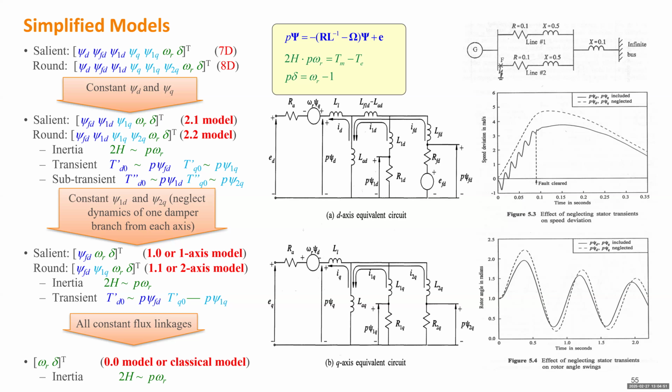I could go step by step from the 8.0 model and 7.0 model to the 2.2 model, then ignore one to become 2.1 and go through the whole process, but that would take a lot of time. I will leave some important steps as homework, and just show you the idea of how to do it.